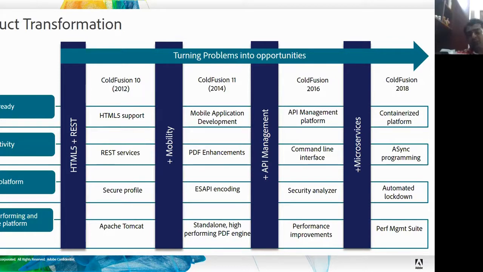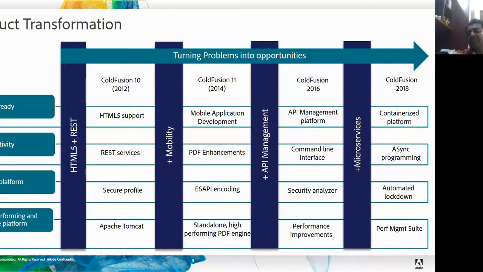That was ColdFusion 11, where we focused on creating a high-performing PDF engine to improve the performance. We introduced security-related features to enhance the security of the product, various PDF improvements, and finally, the mobile application development platform itself. So that was ColdFusion 11.